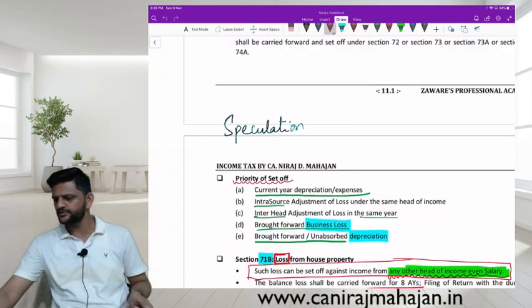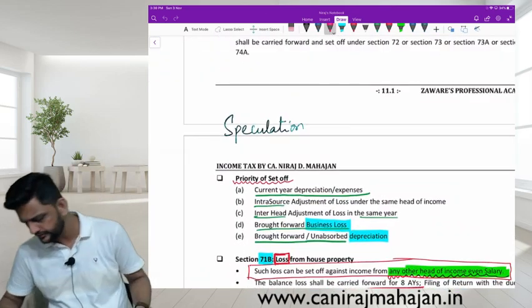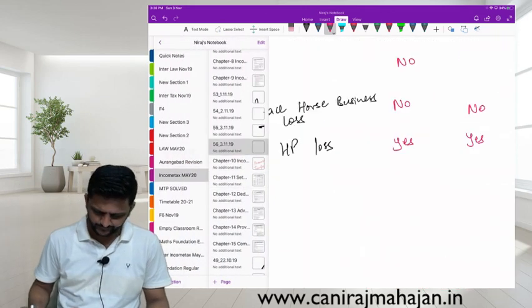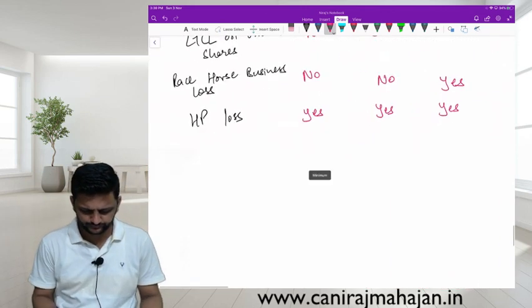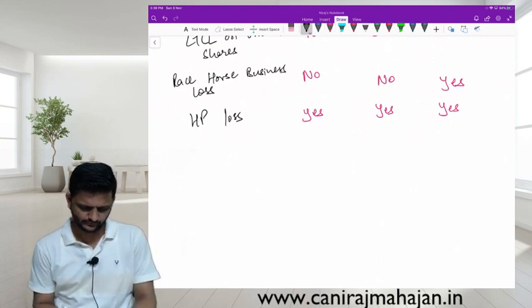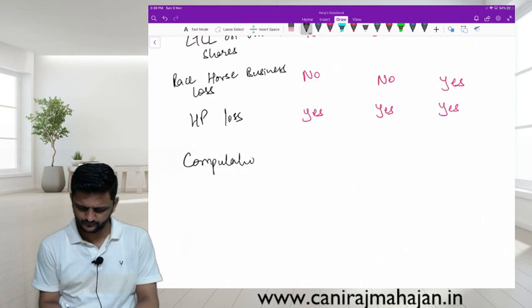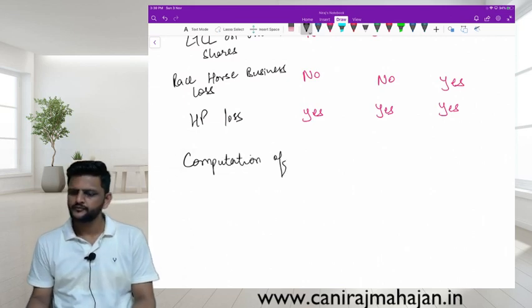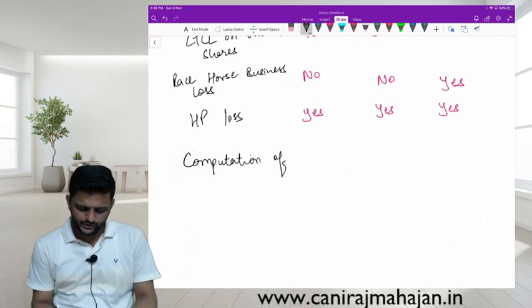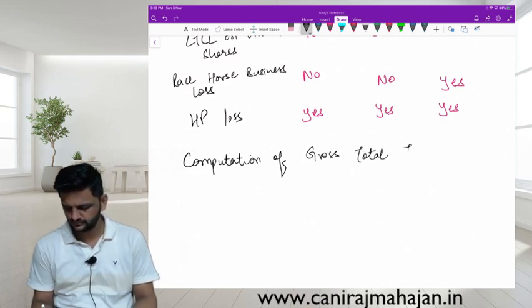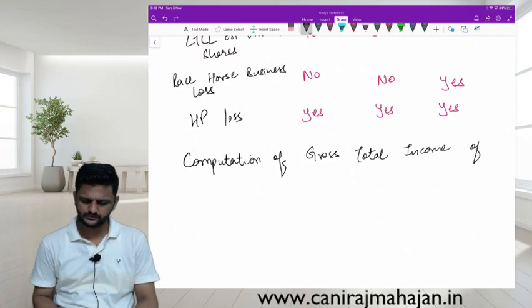The figure given to you is after depreciation, so no adjustment is needed there. So let us check what happened. Computation of gross total income of Mr. Batra.